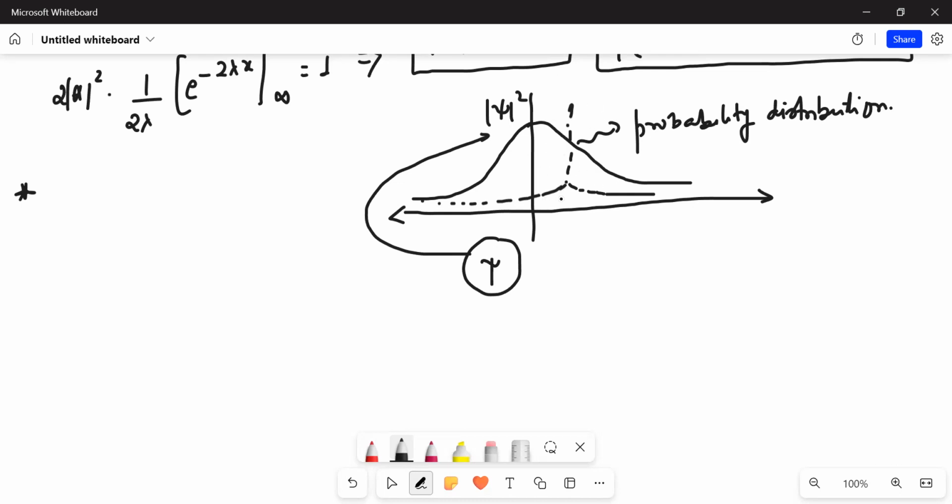So in order to circumvent this, what do we do? We prepare an ensemble of particles in the same wave function and take repeated measurements. In each measurement, we are bound to get some different value, because understand this, let's say only position, position itself is governed by a probability distribution. So what we are going to do, we are going to take the average value, and that taking average is called expectation values.